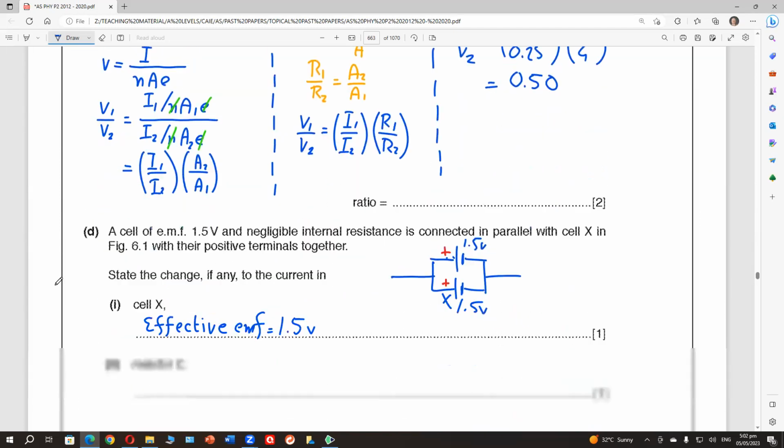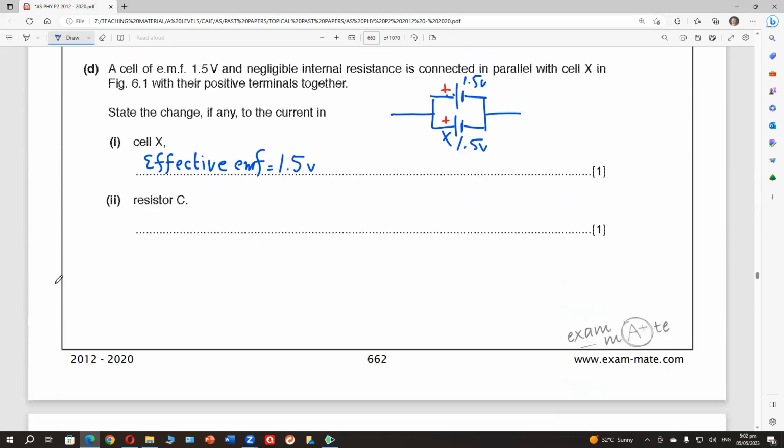And we have to decrease the circuit. In parallel, effective resistance decreases.